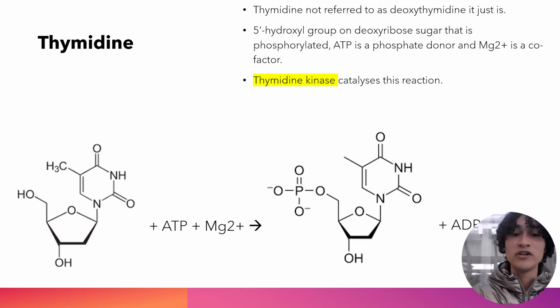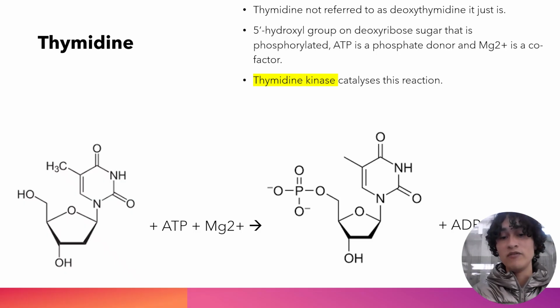It is just deoxythymidine, whereas guanine, adenine, and cytosine appear in RNA, so they can form a glycosidic bond with either the ribose sugar in RNA or the deoxyribose sugar in DNA. So yes, it's deoxythymidine, but the name's dropped because it doesn't need to be distinguished. You just assume when you see thymidine, it will be deoxythymidine.